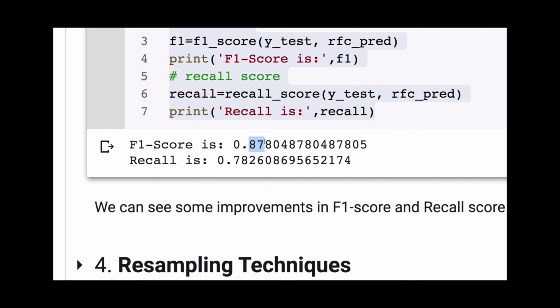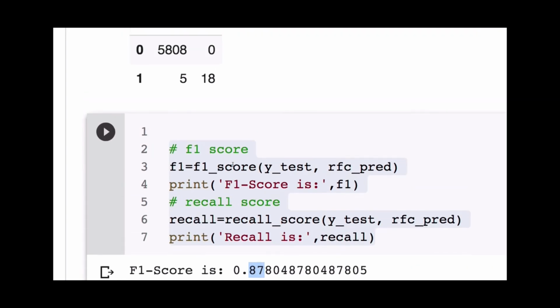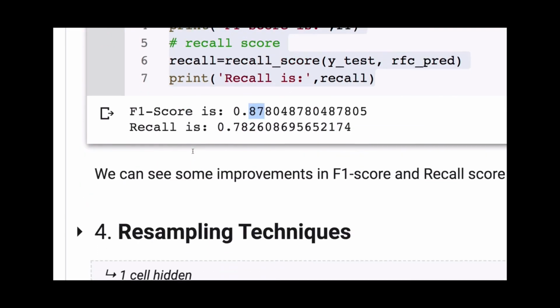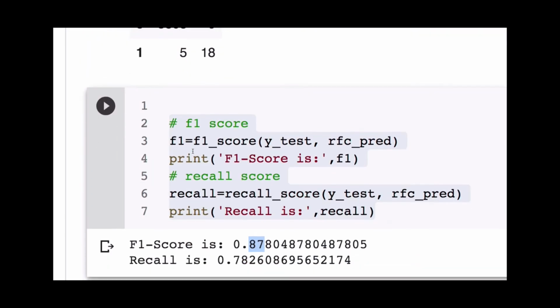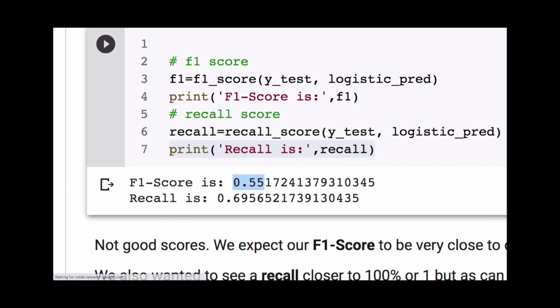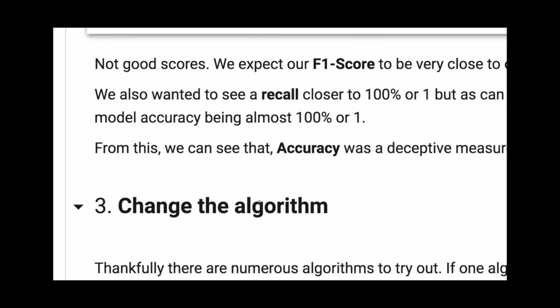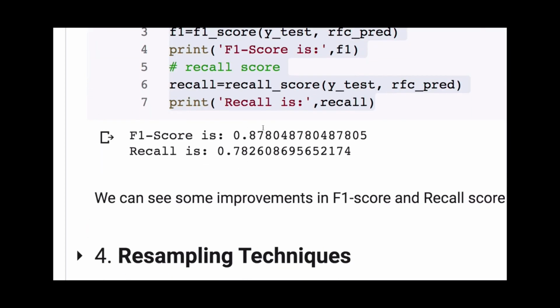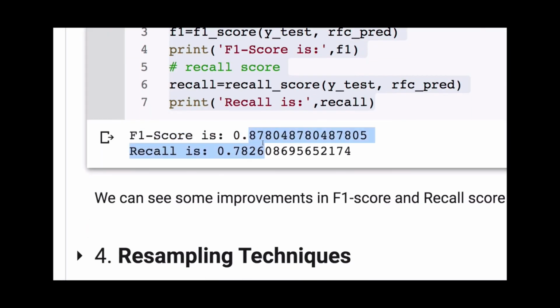So now this one is actually reflecting the accuracy that we have, it is matching with that. It's better than what we were having earlier on, where you see that this one was bad, right? Now you can see there's an improvement when we change the algorithm, right? So this is one of the techniques that you can also use, changing the algorithm.